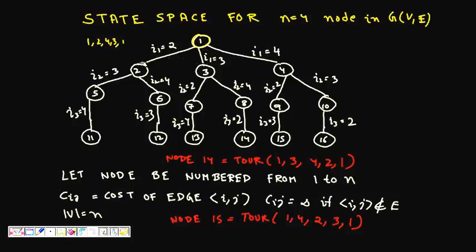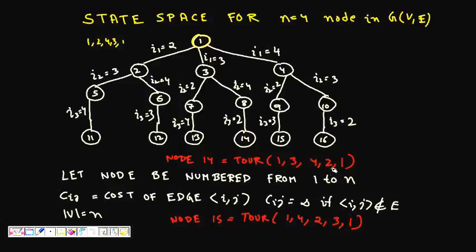So how many possibilities are there? Let's see some. Node 14 here represents a tour: I start from node 1, then take node 3, then from 3 I go to node 4, from 4 I go to 2 and then back to 1.